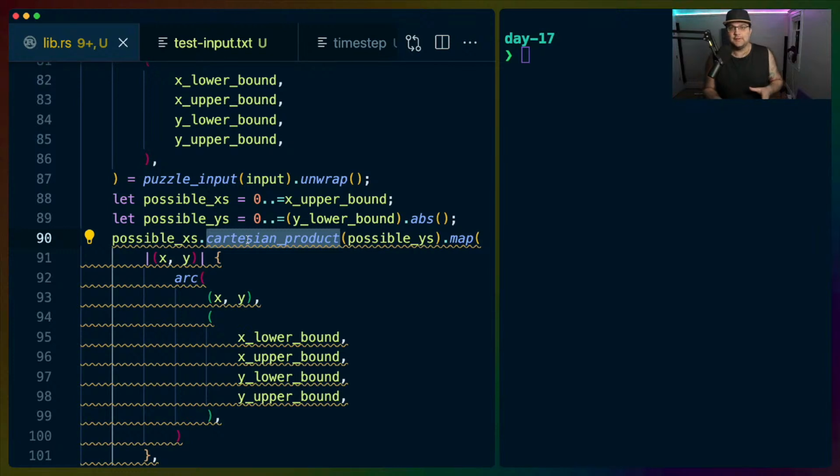Even though Rust's nested for loops over X and Y are much more usable than, say, index-based for loops, the Cartesian product still expresses the meaning of what I want to do better. So when given the option, I want to pull in this itertools function, which will give us the combination of all of the x's combined with all of the y's.